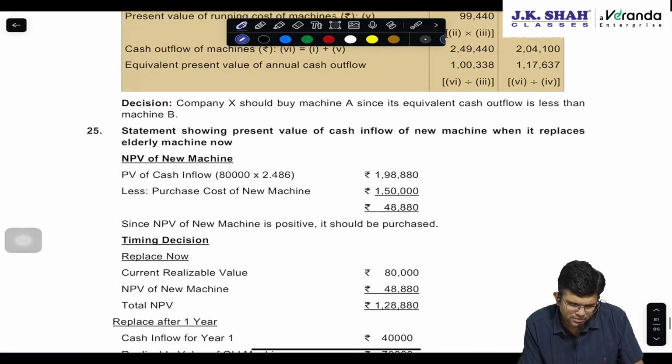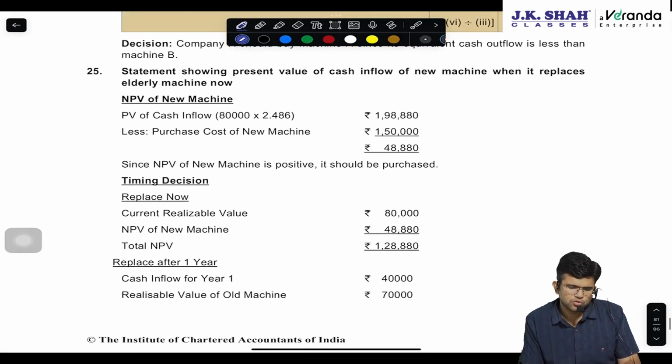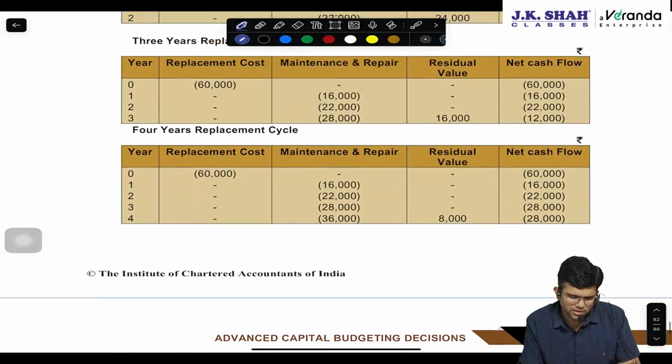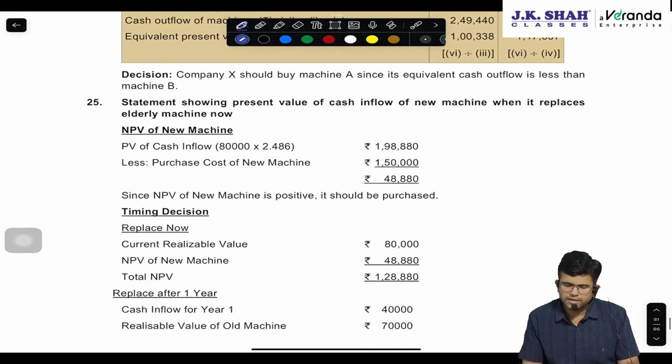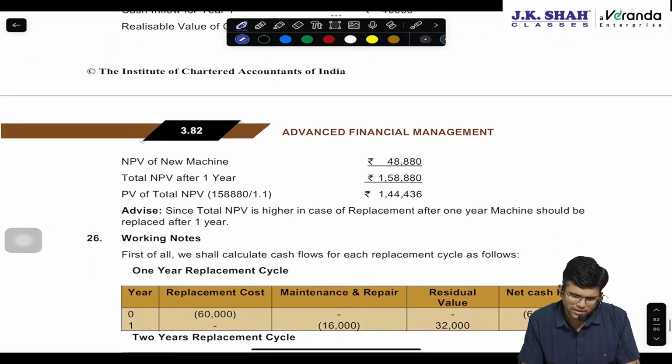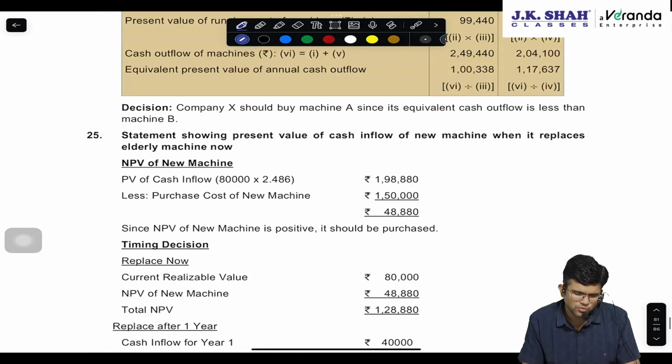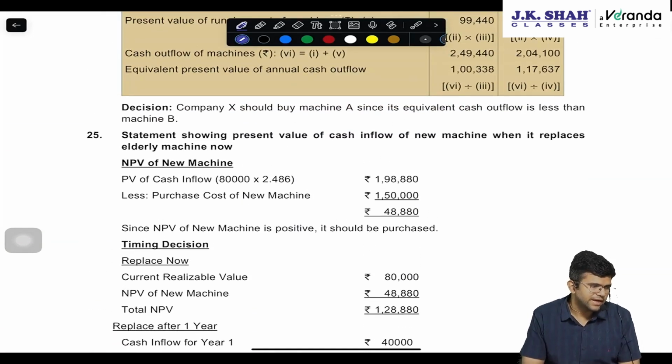Okay. All right. So they have done a calculation which is slightly different. Read it carefully. So what are they saying? Statement showing present value of cash inflow of new machine when it replaces the elderly machine now.